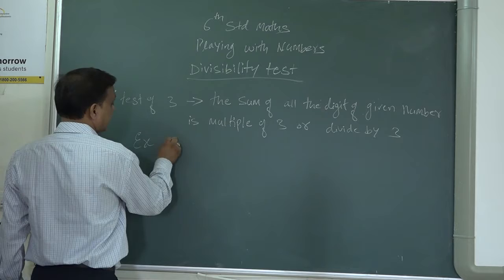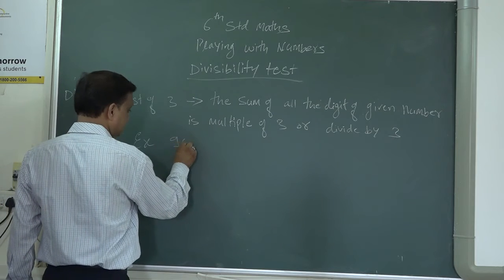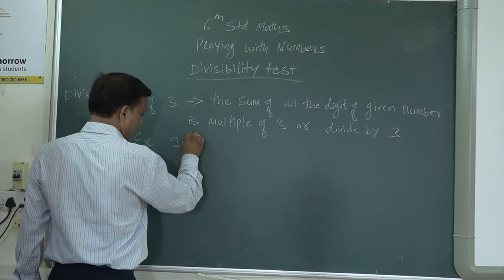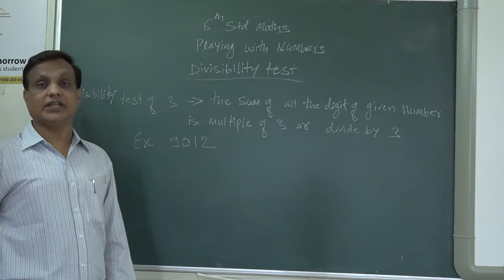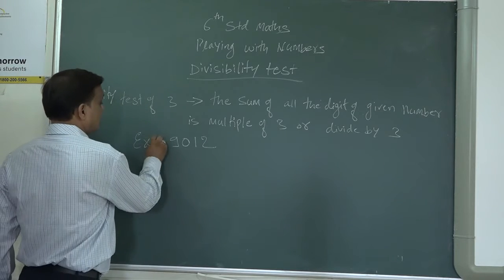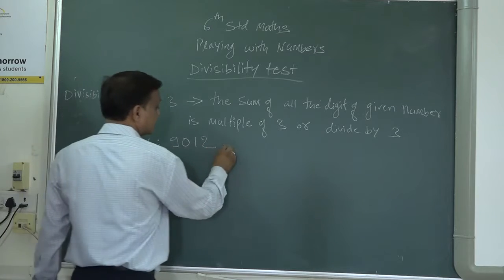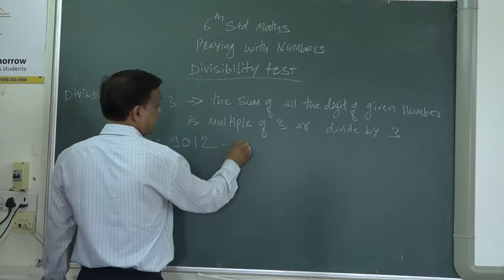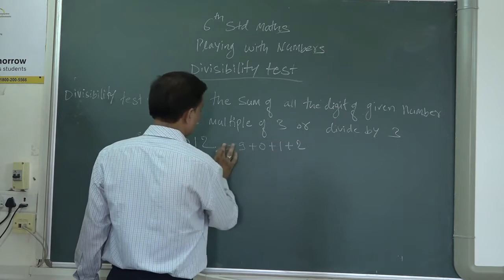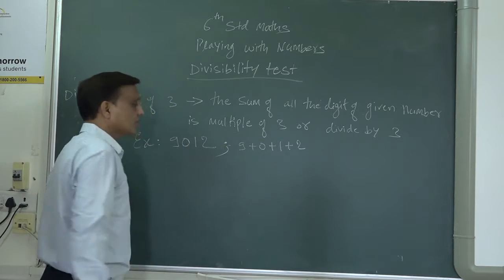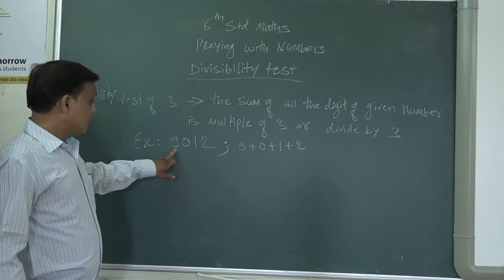As here I am writing 9012. Now what you have to do? You have to add the digits: 9 plus 0 plus 1 plus 2. What is the sum of the digits?